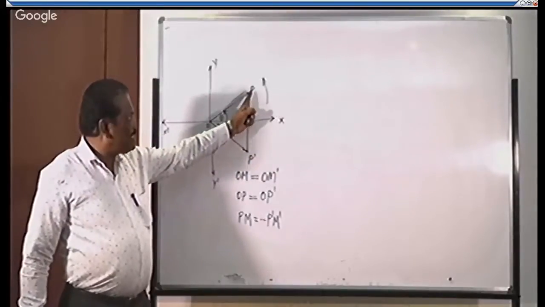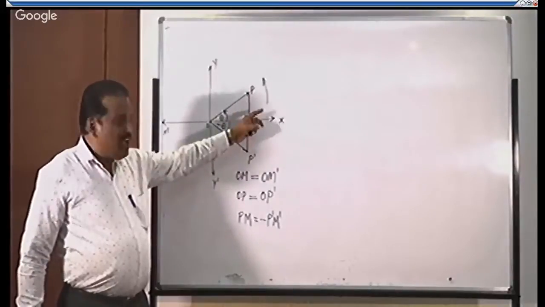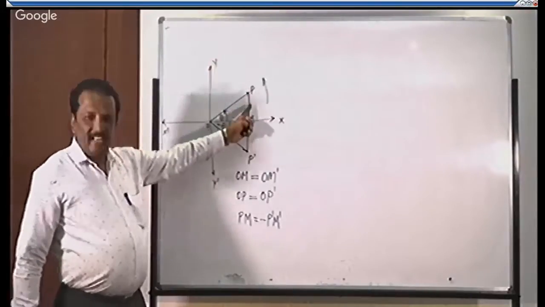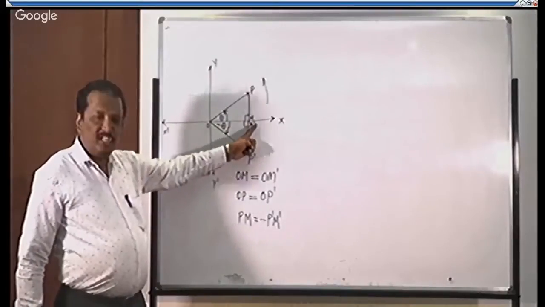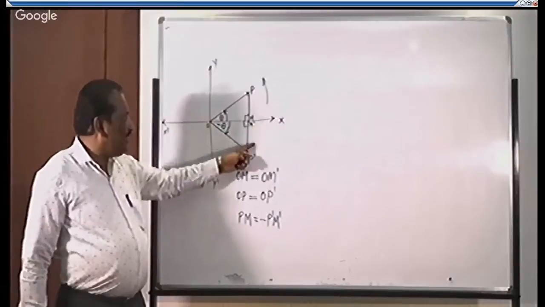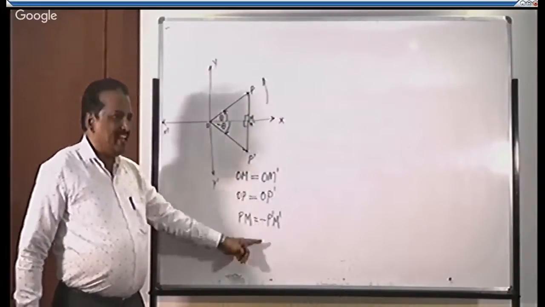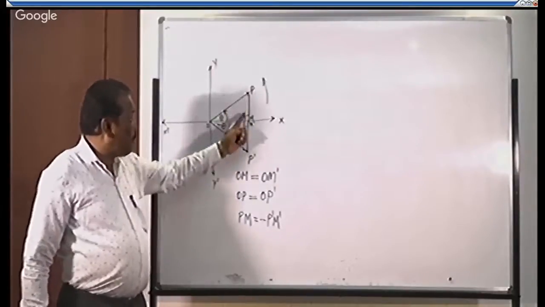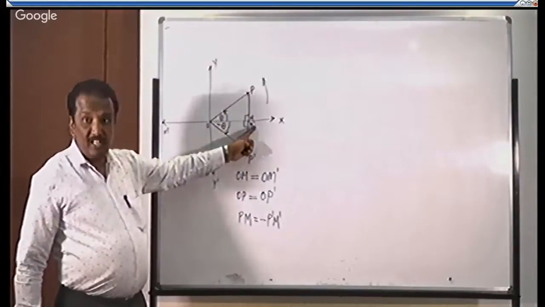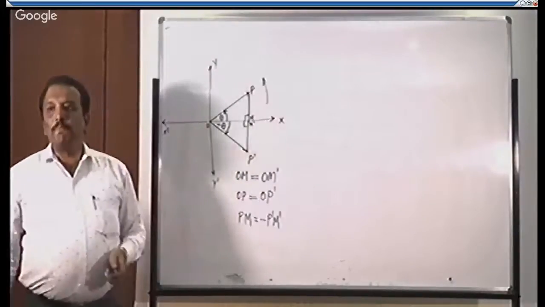Vertical distance means parallel to the y-axis, and it is above the origin, so it is positive. Analogously, P'M' is also parallel to the y-axis, but this y distance is below the origin. That's why we take it as a negative quantity. With respect to that convention, from P to M and P' to M', you see the direction is reversed. PM is equal to minus P'M'.